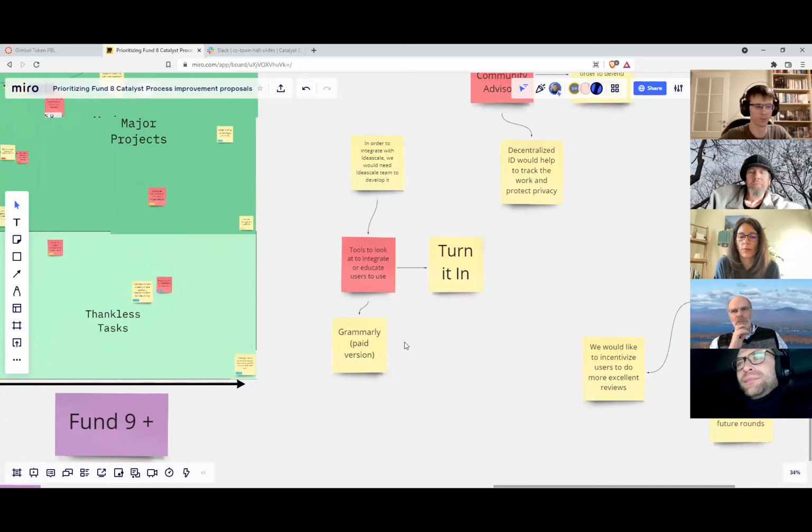But please note that different clients use Idea Scale in different ways. I think that we are a pretty special case, because we have almost 50,000 members, right?